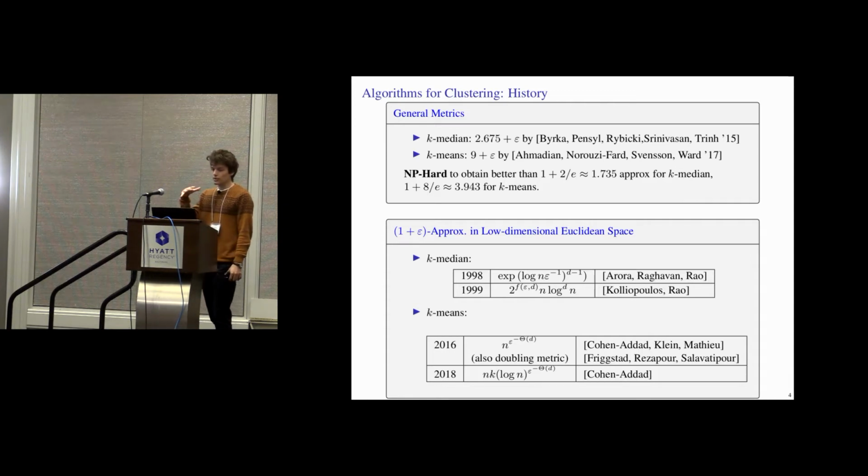But this talk focuses on the upper bound part. So since it's hard in high dimension to get good approximation, we focus on low-dimensional spaces. And for k-median, it has been known for 20 years how to get a PTAS, from Kolliopoulos and Rao.